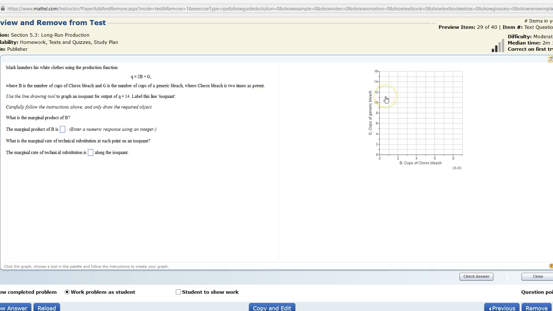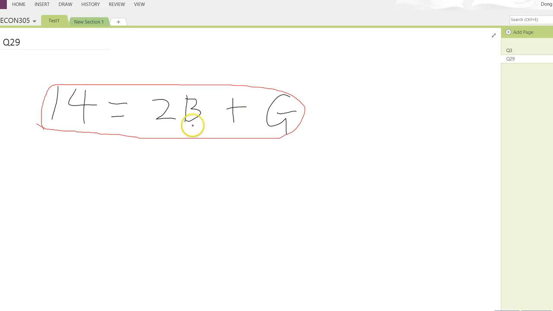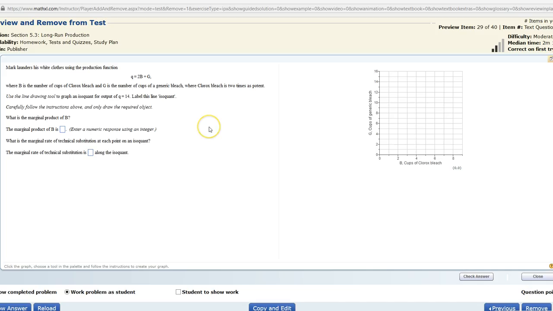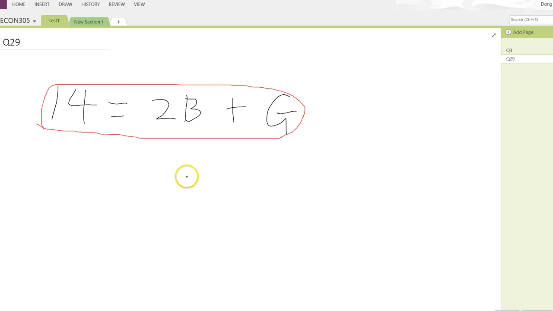For convenience, we can choose one point on the horizontal axis and the other on the vertical axis. For the point on the horizontal axis, that's when G equals 0. And for the point on the vertical axis, that's when B equals 0.